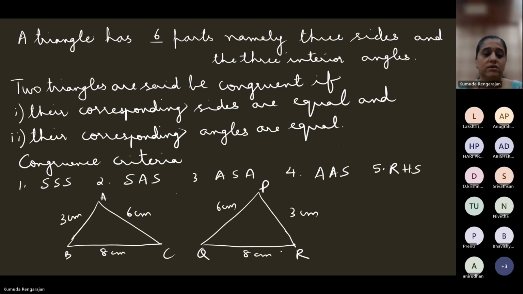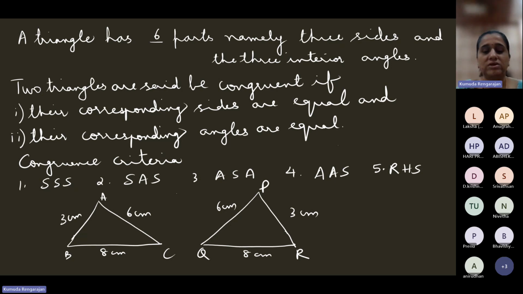So now here we have two triangles, ABC and PQR, and we have information about their sides. We have no information about the angles. Now, if the congruence criteria did not exist, then you cannot show anything because you don't have all the information.